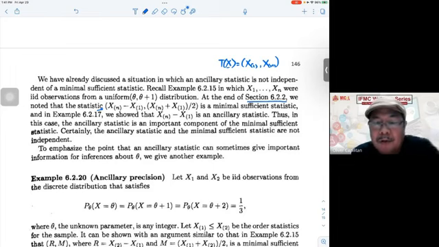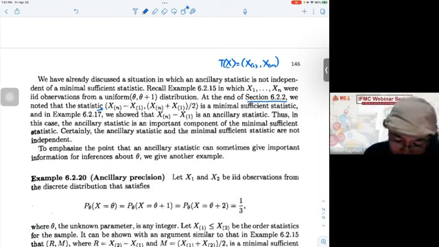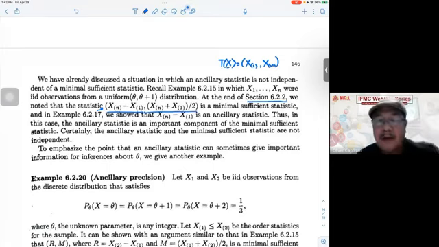And I have shown to you before that a function of this minimal sufficient statistic, and this function is a one-to-one function, is also a minimal sufficient statistic, because this is a function of our minimal sufficient statistic above.